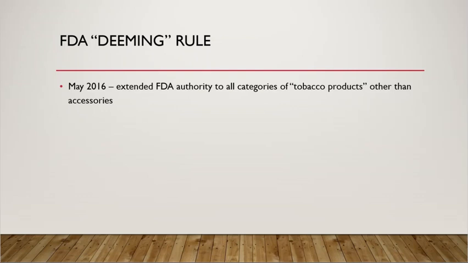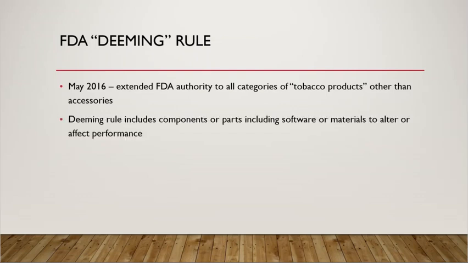Now, the deeming rule includes components or parts, and I thought it was very interesting, and I want to emphasize it for your benefit, that it includes software or materials that alter or affect performance.